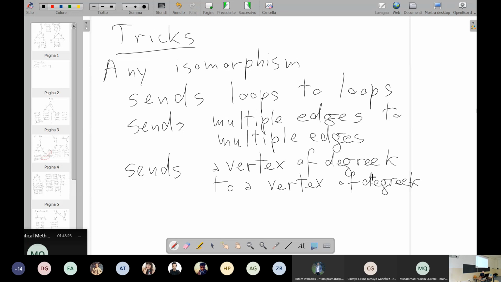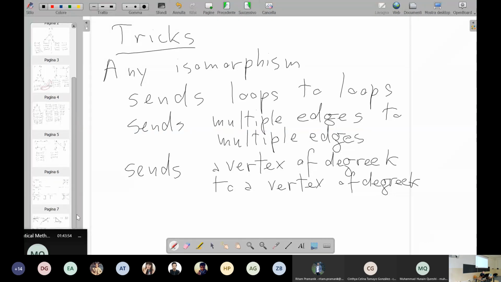If you have a vertex of degree 0 on one side and no vertex of degree 0 on the other side, a vertex of degree 5 on one side, no vertex of degree 5 on the other side, you're sure that these two are not isomorphic. Is that what you were asking for? Yeah. Okay. So far, it's all we can see for eliminating some candidates for isomorphism.